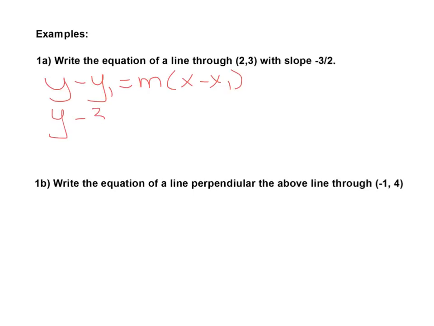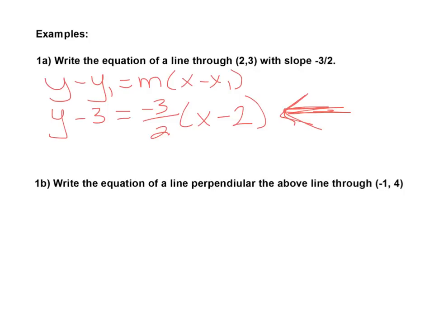I think it's perfectly acceptable to leave it just like this. AP thinks it's perfectly acceptable to leave it just like this on open answers. However, you might on a multiple choice see it rearranged. So you might need to distribute and change it to y equals mx plus b, which I'm sure you can do. But you do not have to.